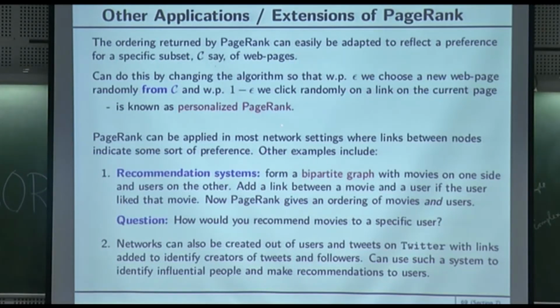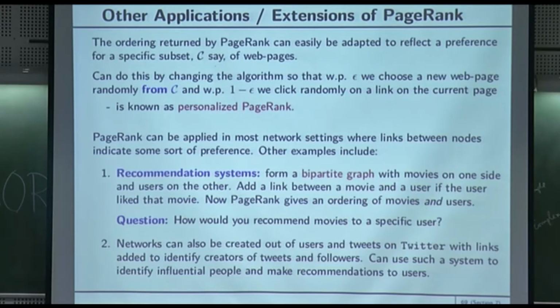Page rank can also be applied in most network settings where there are links between nodes and some sort of preference. Recommendation systems form a bipartite graph with movies on one side and users on the other side. You add a link between a movie and a user if the user liked the movie. Now page rank gives the orders of movies and users.